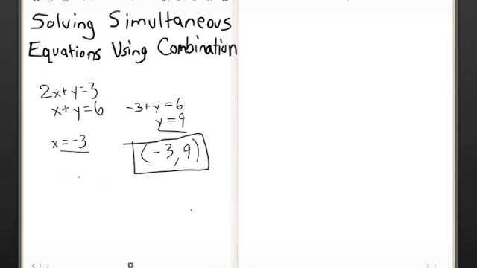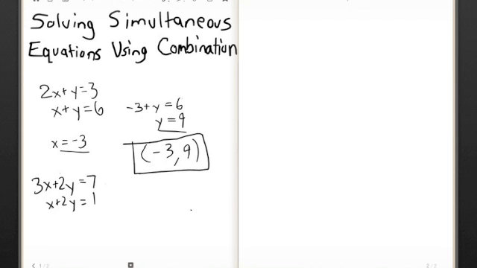Okay, let's try something a little more challenging. 3x plus 2y equals 7. X plus 2y equals 1. So now here we don't have a single variable, but we do have 2y in both of them.